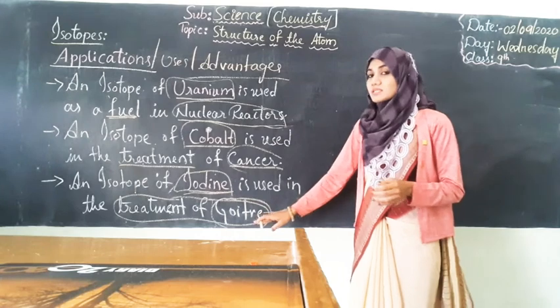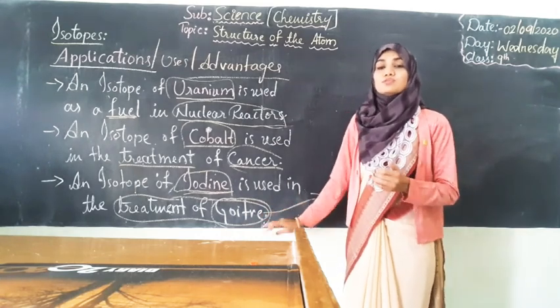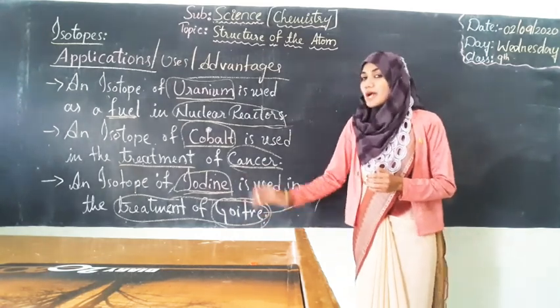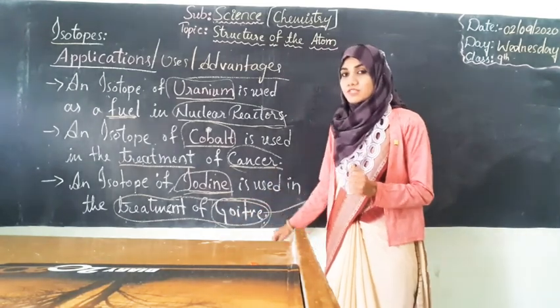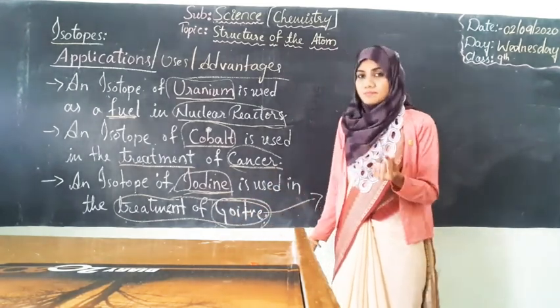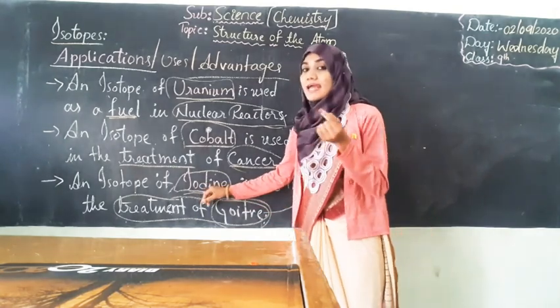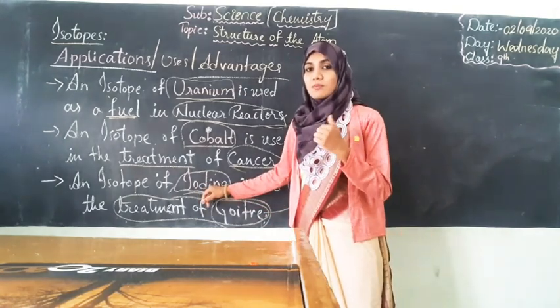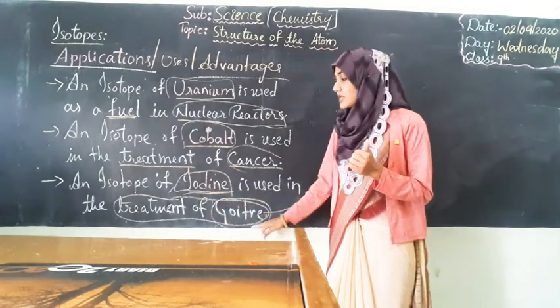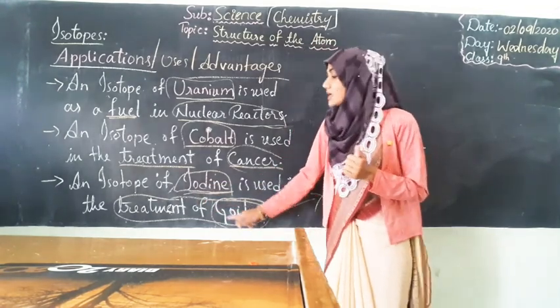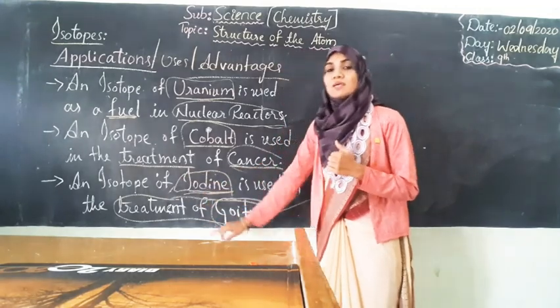That disease is nothing but goiter, and it is caused due to the deficiency of iodine. If there is a lack of iodine in our body, in our blood, then it leads to the goiter disorder. And to cure this goiter, the isotopes of iodine will be used.